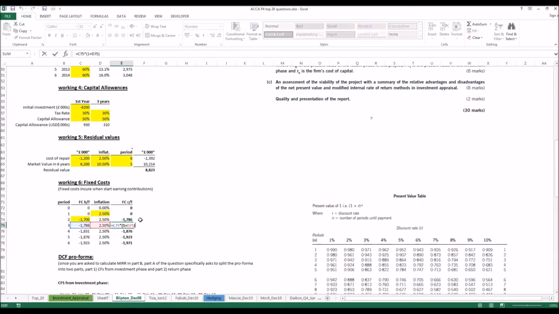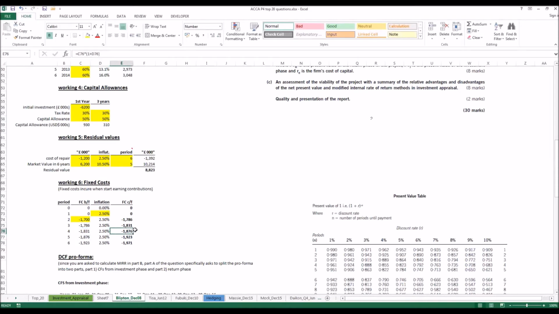Then beyond that, year on year, we simply have the fixed cost carried forward. We apply another 2.5% worth of inflation, get 1.83 million. Then we again carry the adjusted fixed cost into the next year, apply the 2.5% again for 1 year's worth of inflation, as these are all constant.